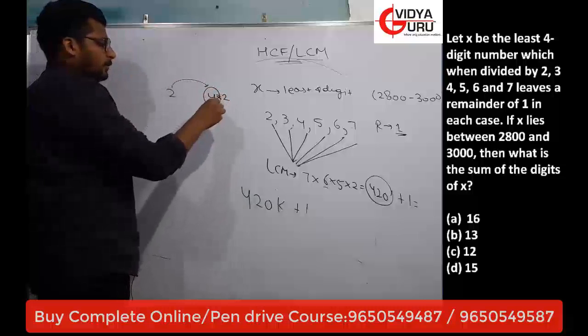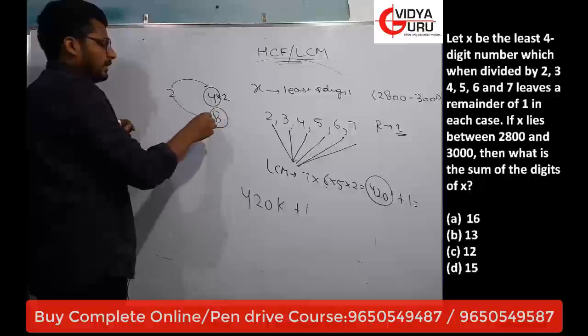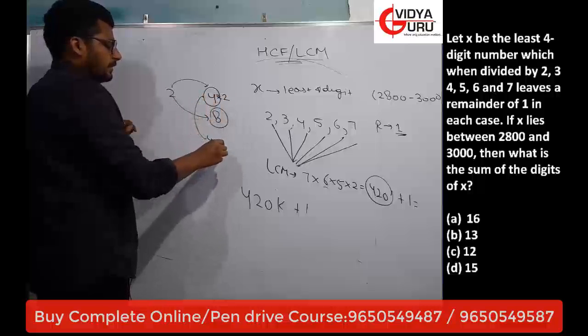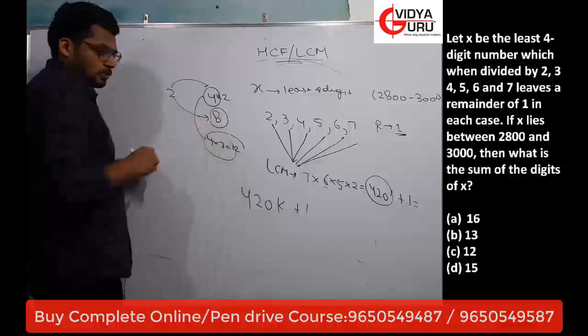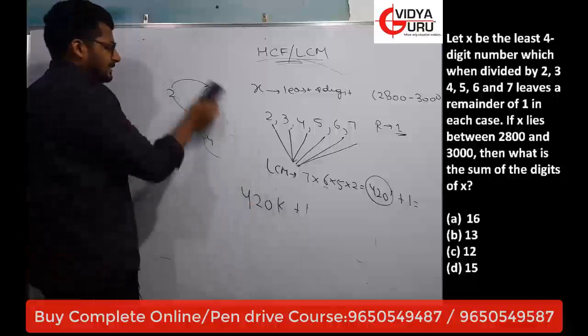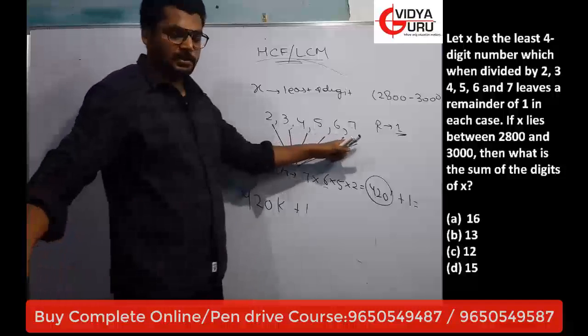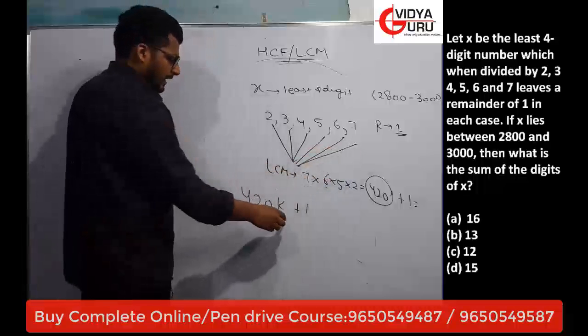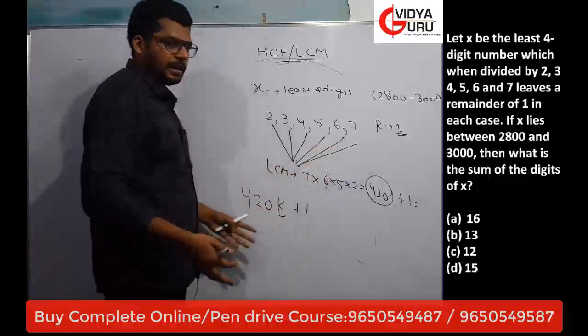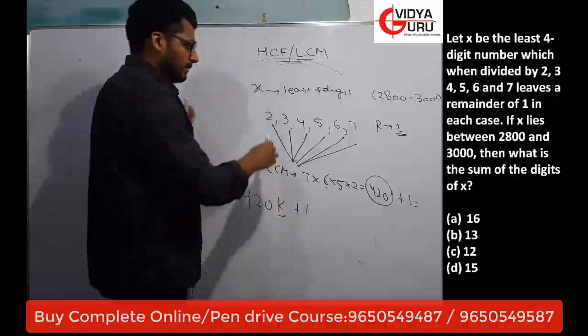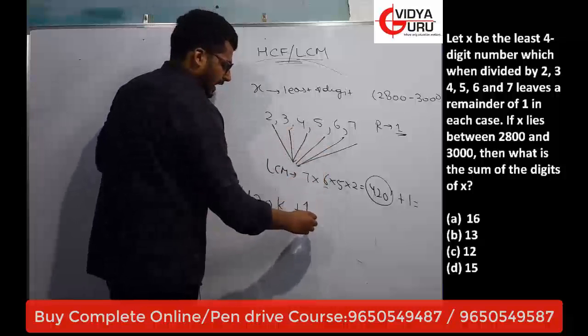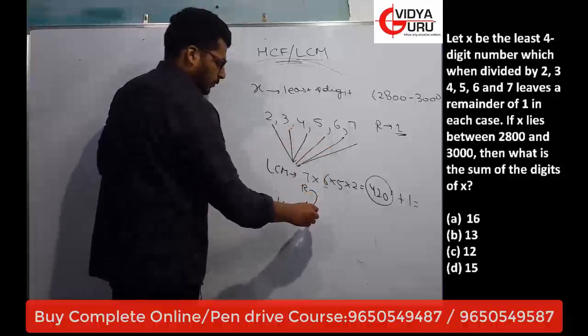If I multiply it by 2, it is still divisible by 2. If I multiply it by 3, it is also divisible by 2. So if this number is divisible by all these numbers, then if I multiply it by any number, let it be k, it will be divisible by all these numbers, and I need remainder as 1.